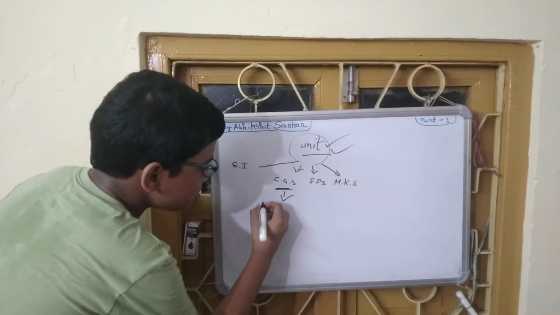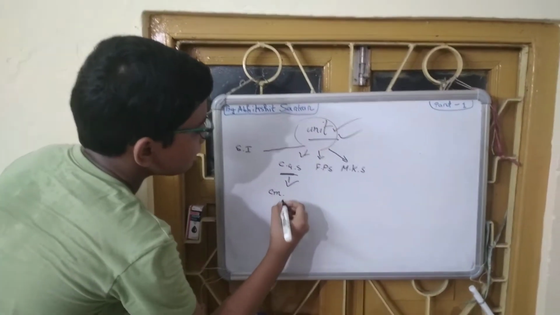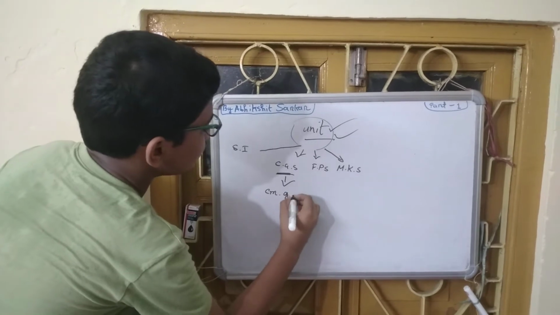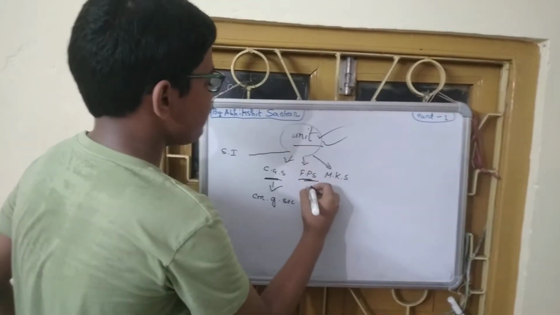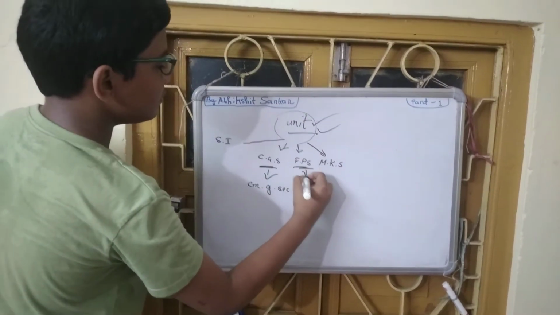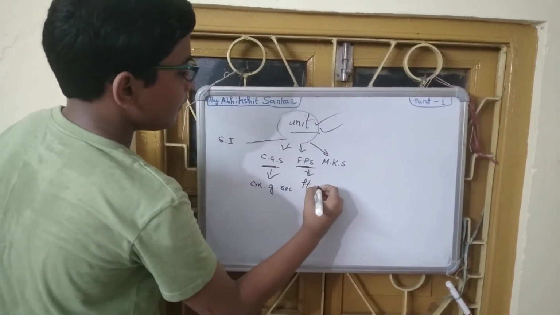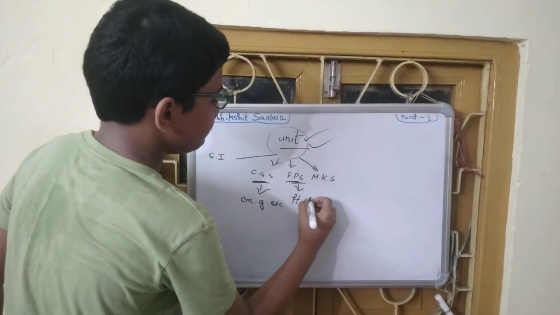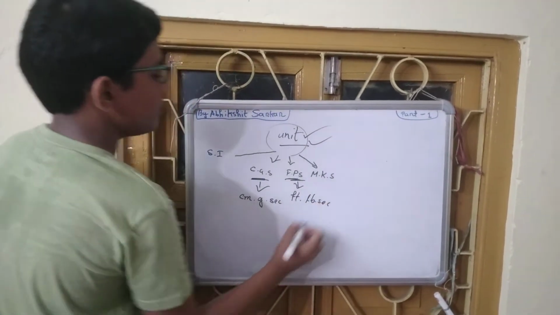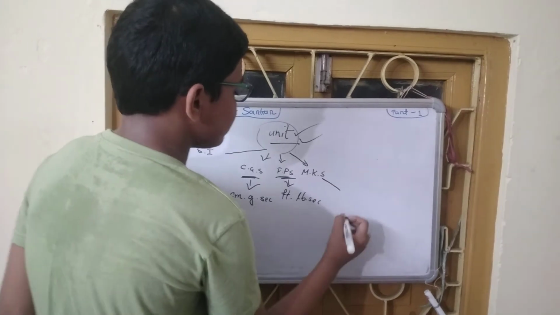The full form of CGS is centimeter gram second. The full form of FPS is foot pound second. The full form of MKS is meter kilogram second.